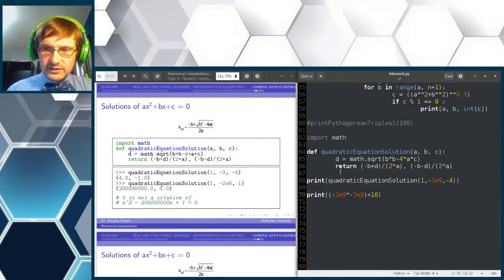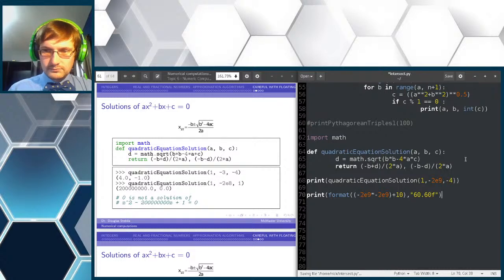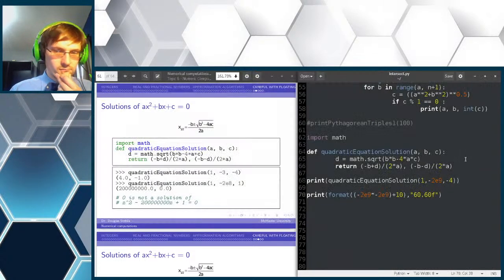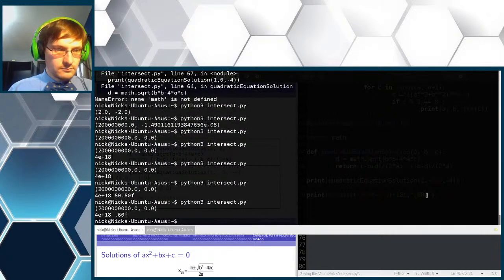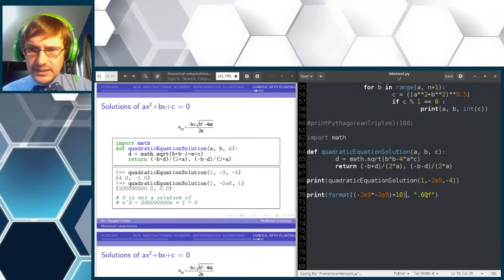There you go. We can even format this so that we see all of the decimal places. Am I getting the format wrong?